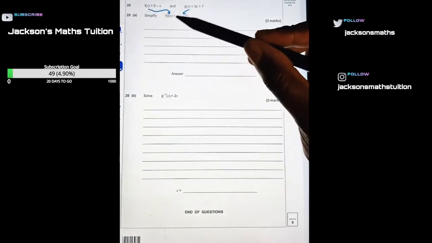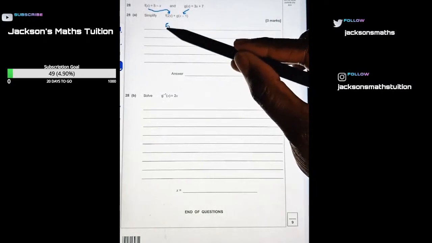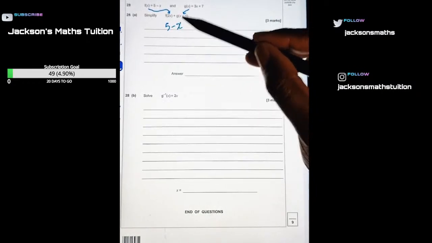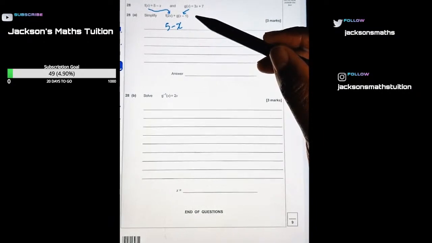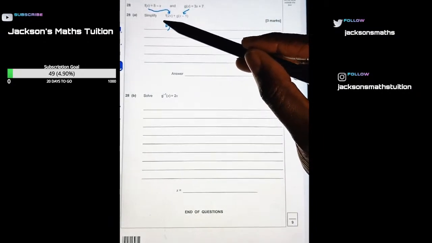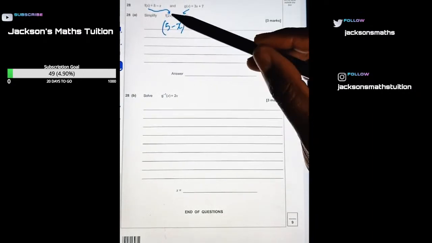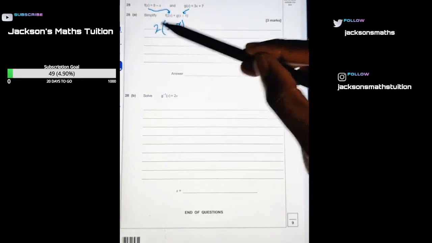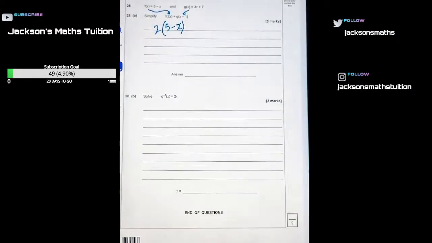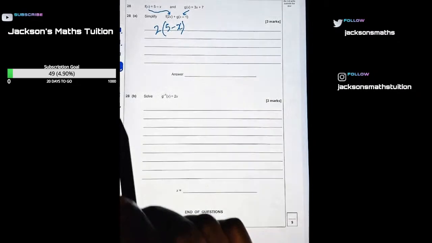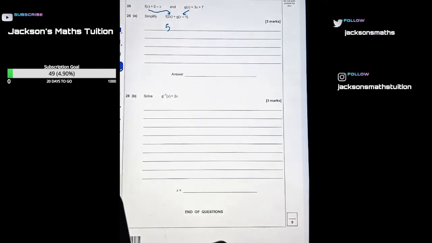So f function, 5 minus x. Let me double check that one.